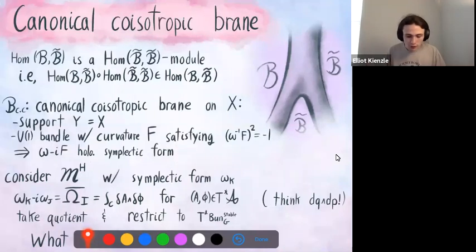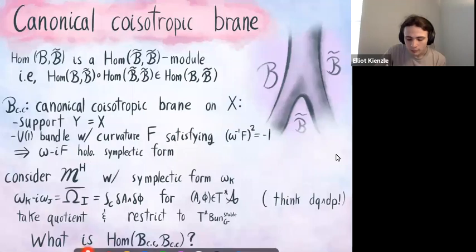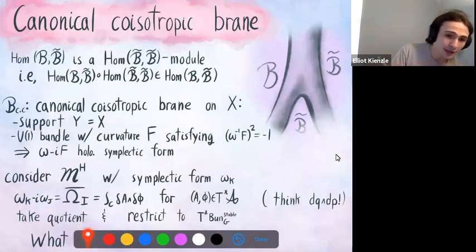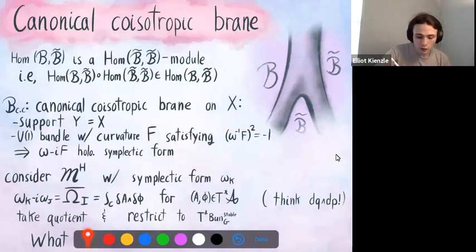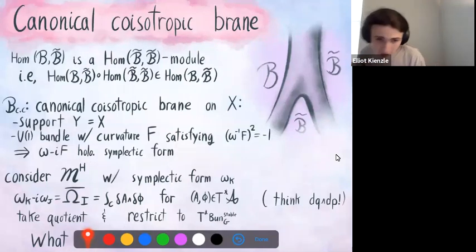Okay, so let's consider the case we care about, the moduli space of Higgs bundles, and we're going to consider the A branes of this with the symplectic form omega sub K. Why is that okay? Well, if you remember from last time, we can construct holomorphic symplectic forms from any of the other two. In fact, combining omega K and omega J, we get a holomorphic symplectic form that's holomorphic under complex structure I. I described this last time.